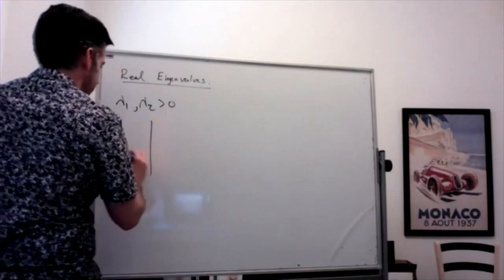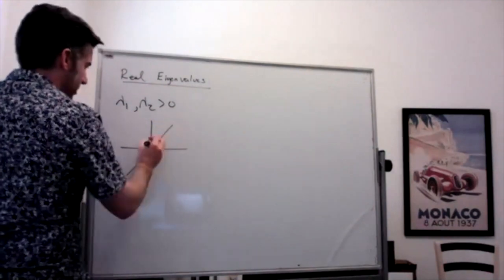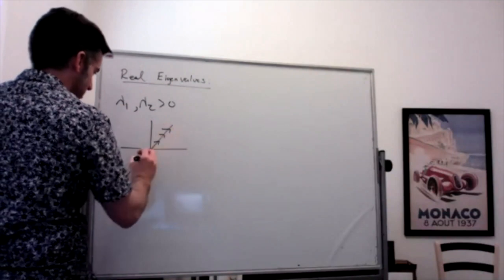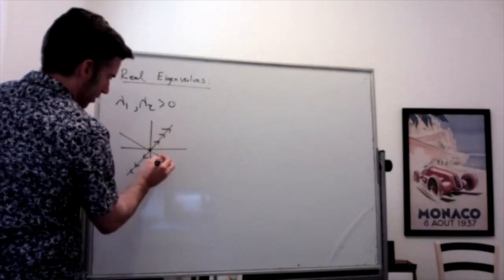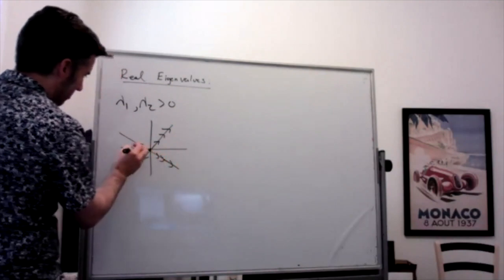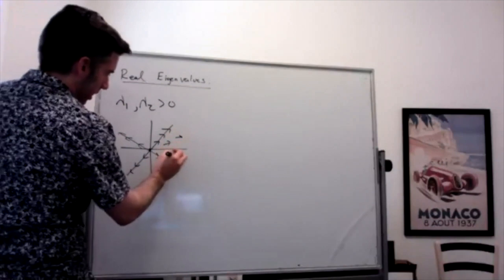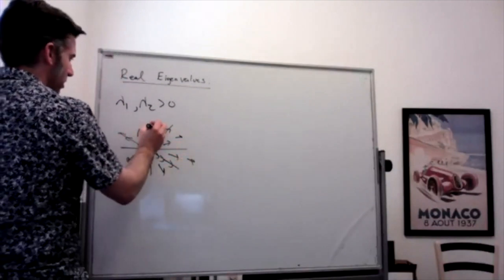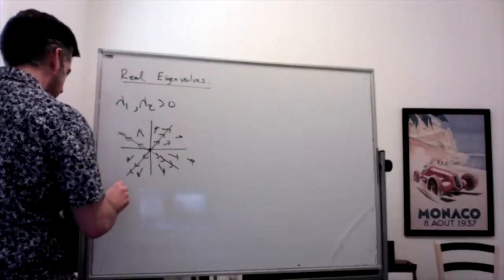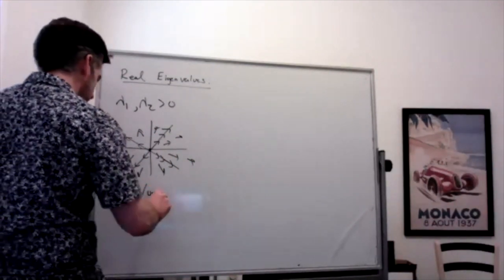You have some sort of eigenlines that look like this, maybe like that. And then everything else, all the arrows are going away. And we call that a source or an unstable node.